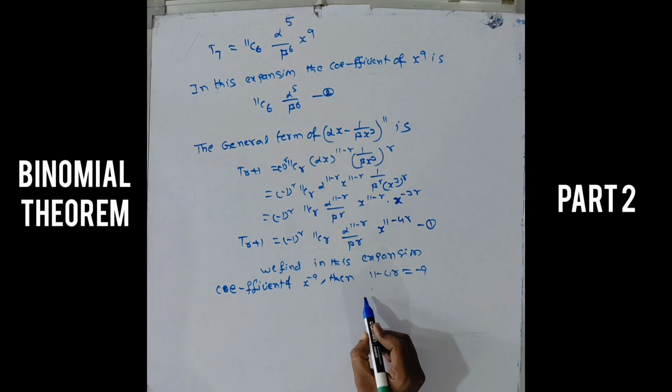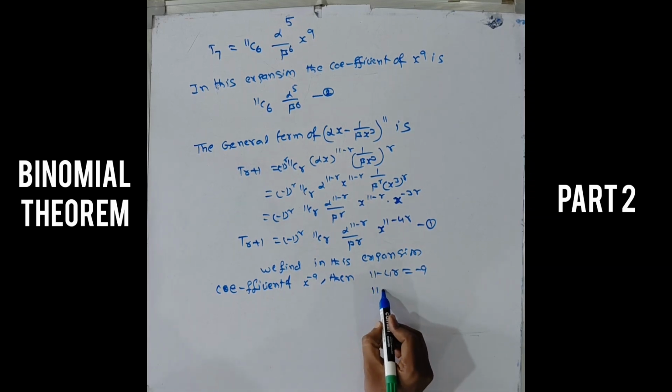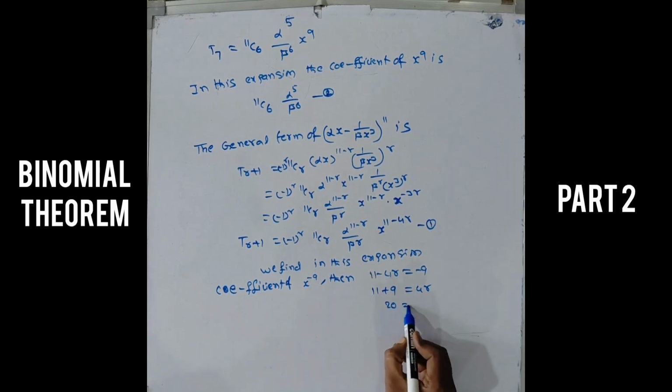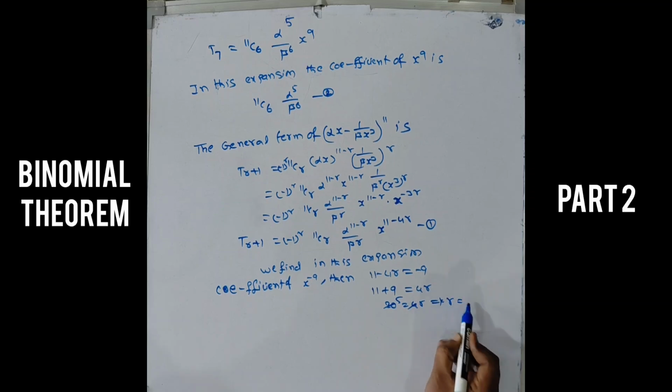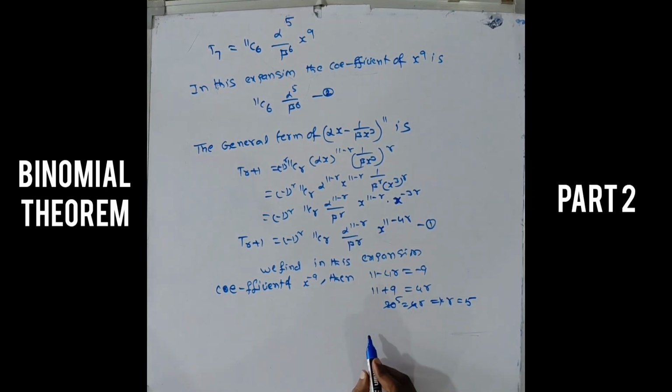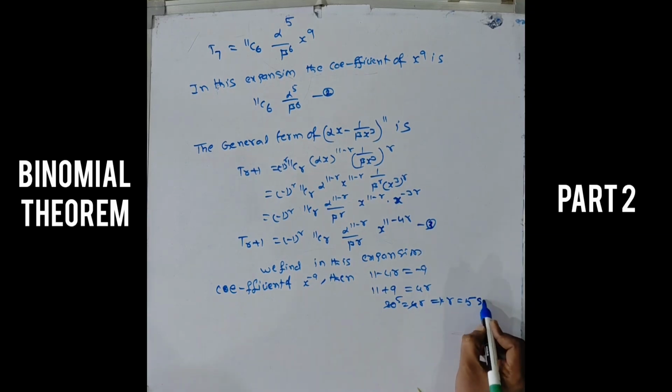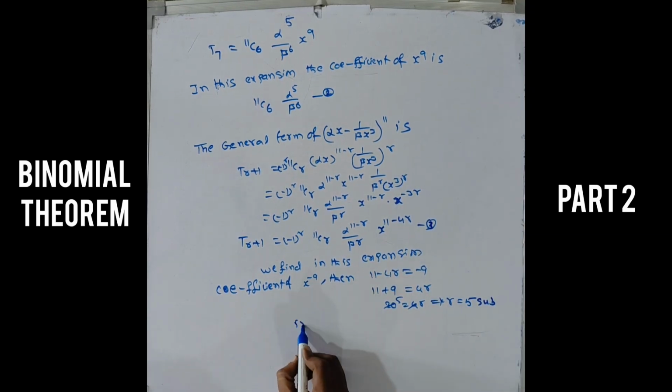Okay, 11 plus 9 is equal to 4r, 20 is equal to 4r, that implies r is equal to 5. Okay, substitute in equation number 3.